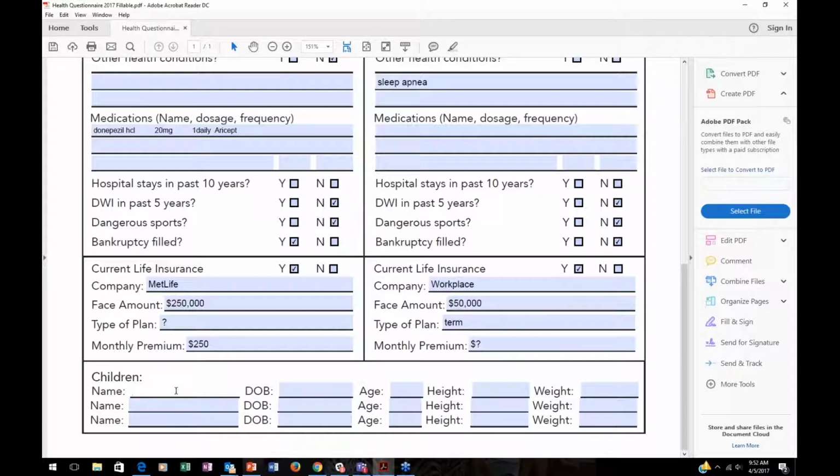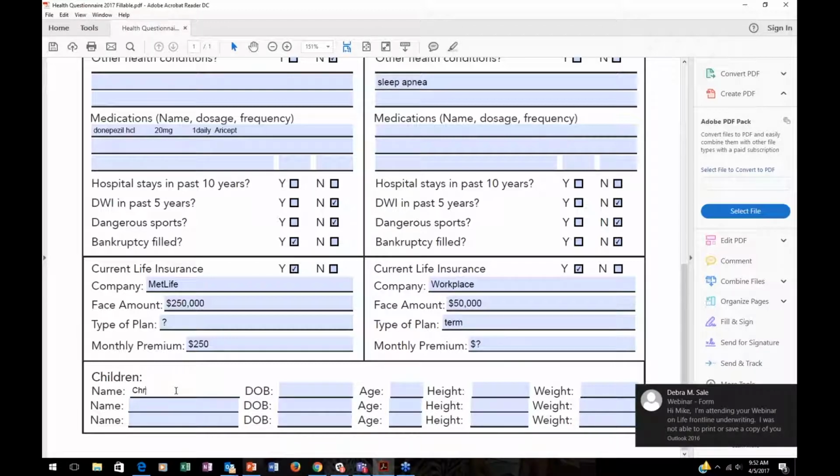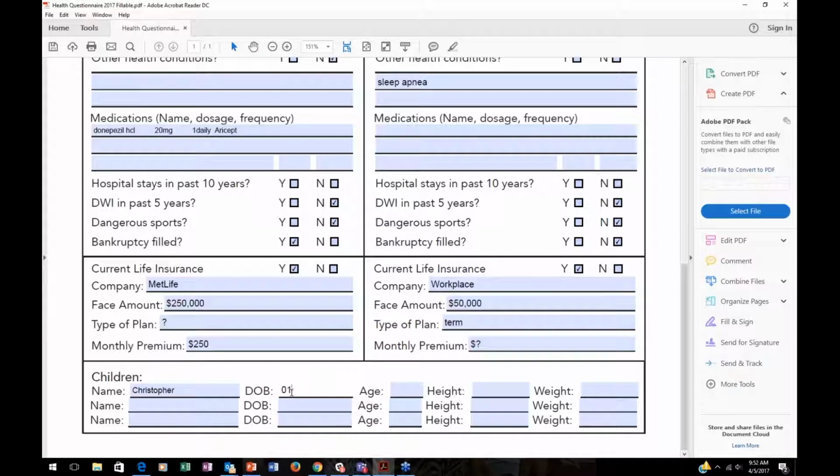Let's get the name of the children. Let's find out the child's date of birth.